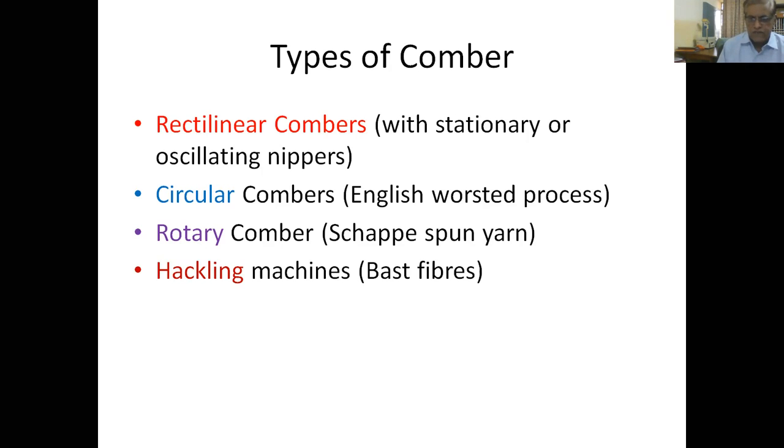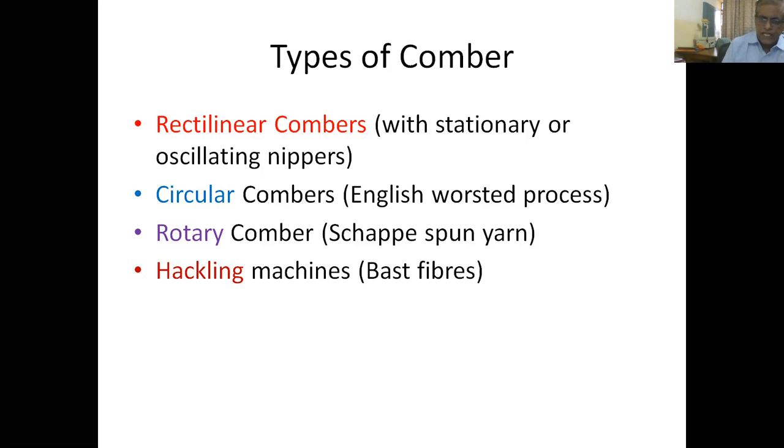For example, first feeding is done, then nipping, then combing, then piecing, then brushing, then again feeding. So there is a set of operations which are done one by one. Rectilinear machines are those machines in which operations are done one by one.